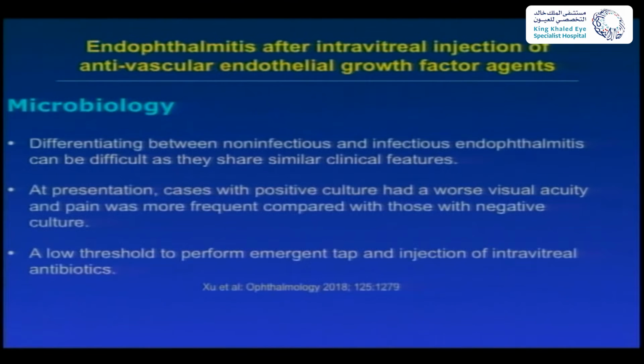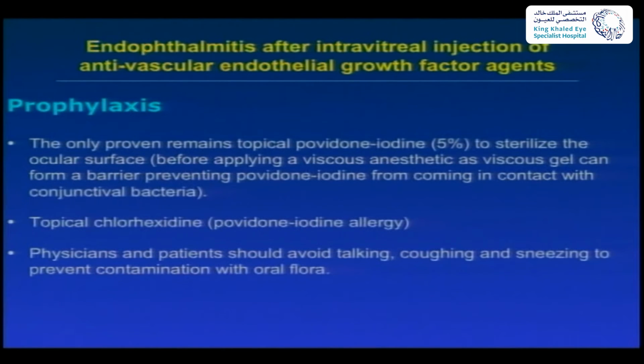Is that clear? A low threshold to perform a vitreous tap and the injection of antibiotics should be maintained. Is that clear? Don't make a diagnosis of non-infectious inflammation and leave the patient. You have to go for vitreous biopsy and injection of antibiotics.